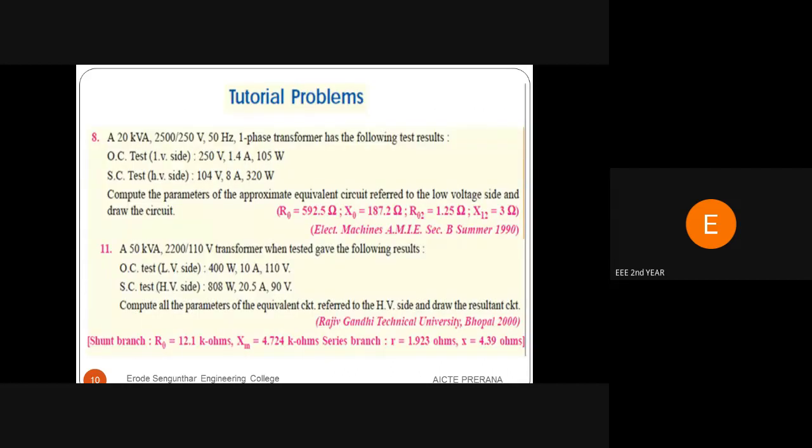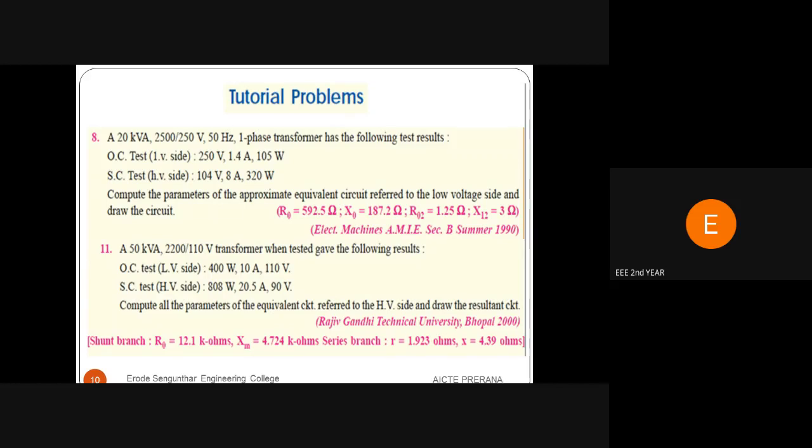For preparation of this type of problems, we have to see two problems on the open circuit test. Here, a 20 kVA, 2500 divided by 250 volt, 50 hertz single phase transformer has the following test data: open circuit test and short circuit test. Answers are given. In your free time you can determine these parameters and cross check these values.